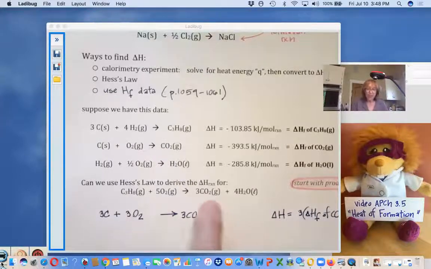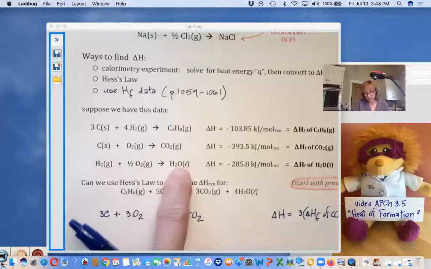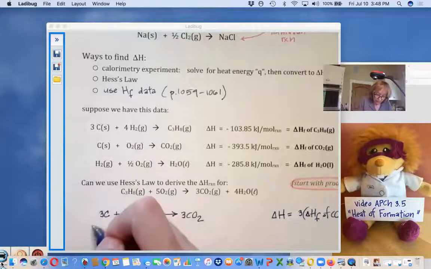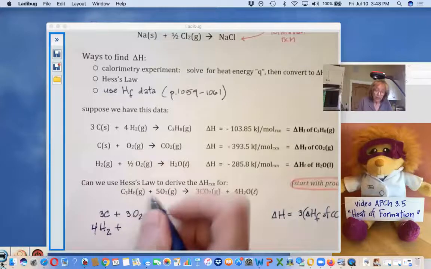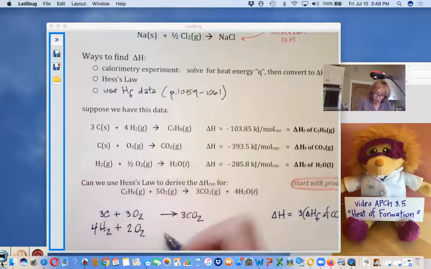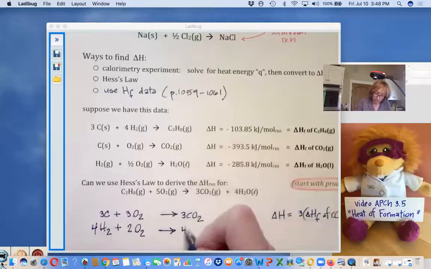Okay, let's look at the next product. 4 waters. My third equation here shows me the delta H for forming water, so I like that one, but I want to multiply through by 4. So I'm going to have 4 H2 plus, okay, 4 times half is 2 O2, and that will make 4 H2O.